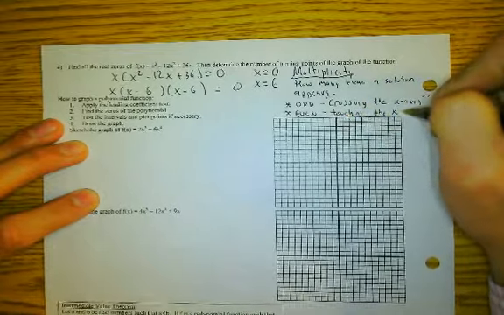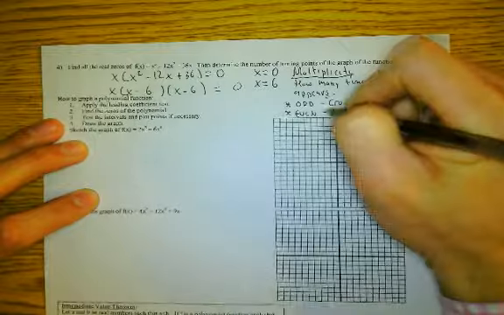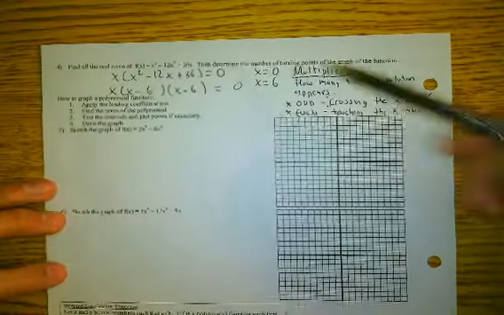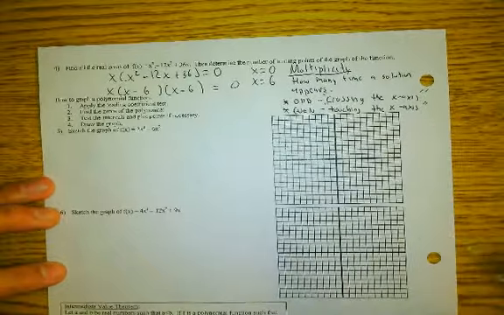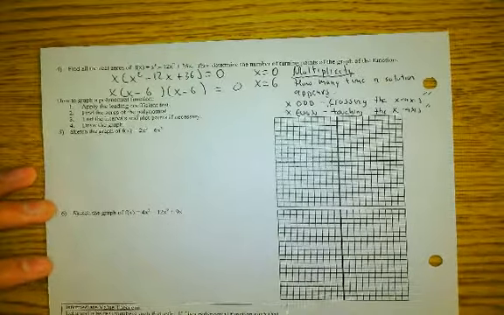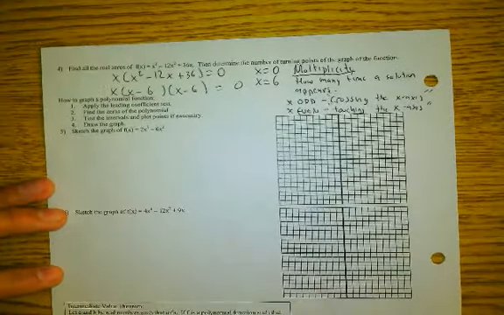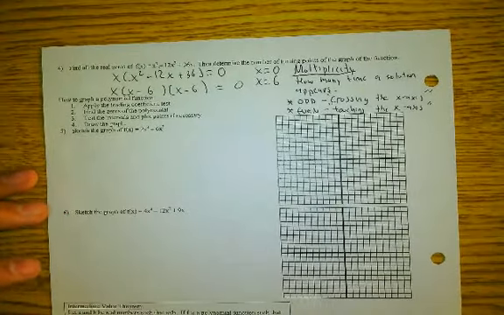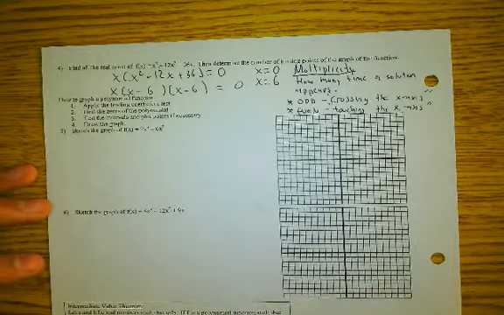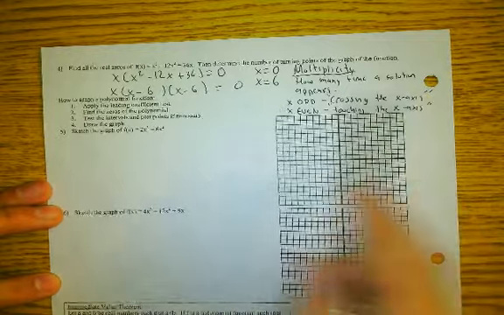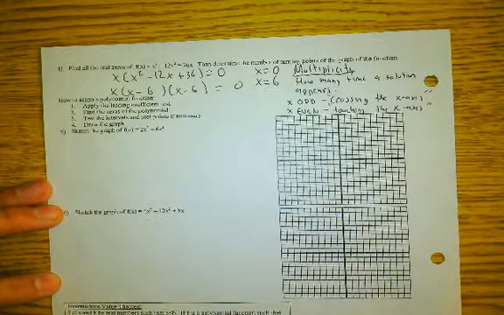So what do I mean by odd and even? I'm not looking at the actual value because I'm looking at the amount of times that it appeared. For example, x equals 0 appeared once. The multiplicity is 1. 1 is an odd number, so that means that it is going to cross at that value. The multiplicity of 6, it happened 2 times. That's 2, which is even. It's going to just touch the x-axis.